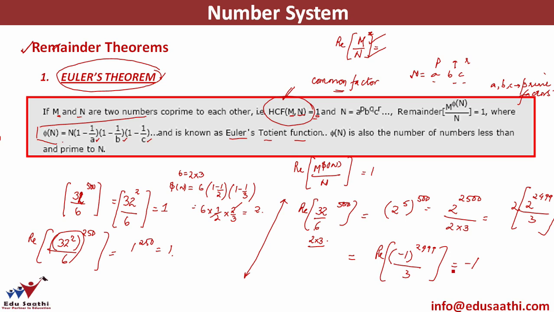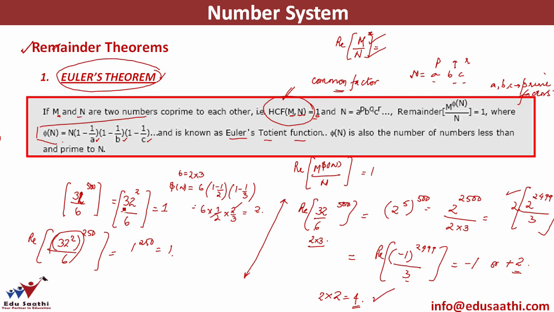Minus 1 remainder with 3 can be converted into a plus remainder, which means it can be written as plus 2. So, what is the remainder that I have got now? Plus 2. My final remainder would be this 2 into this 2, which is giving me an answer of 4, which is the correct answer.